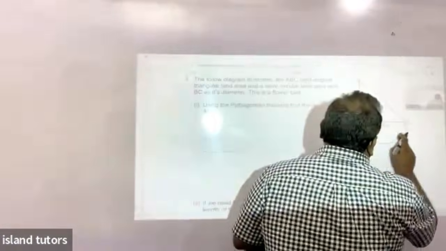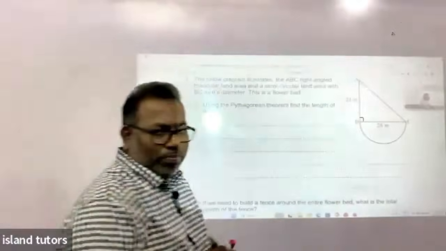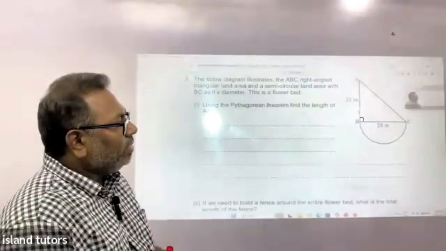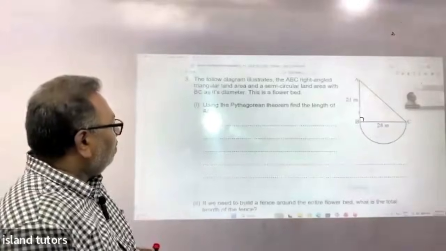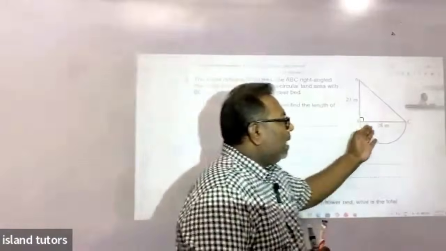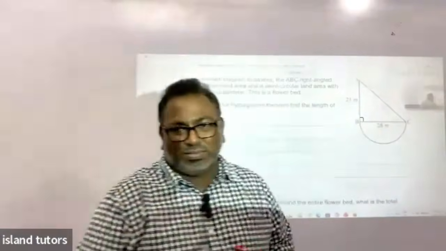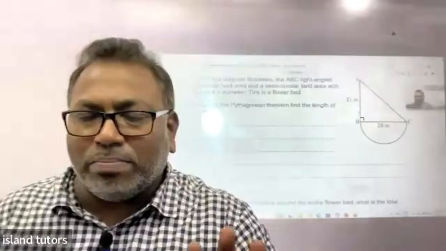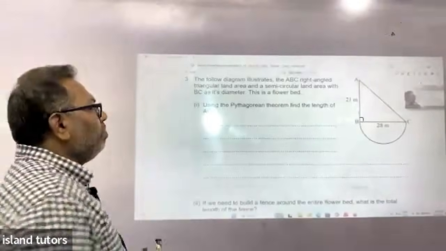So BC is also added to this triangular piece of land, and that is, BC is your diameter. This is a flower bed. So that means this part is a flower bed. There are flowers being planted in that semicircular portion.